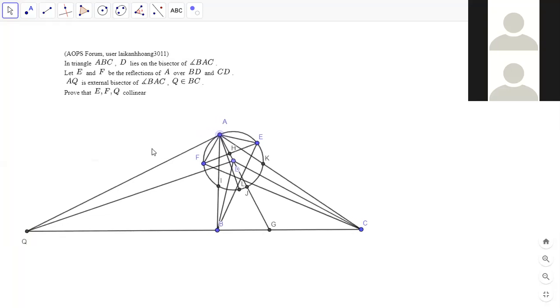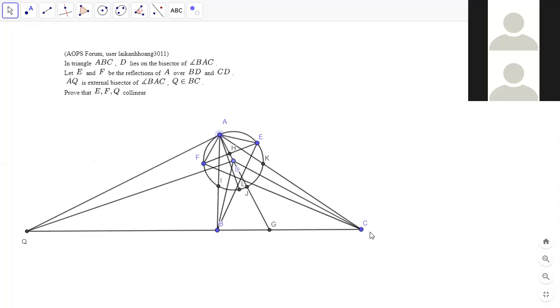So this is true because we have AL is perpendicular to DQ, AE is perpendicular to DB, AF is perpendicular to DC, and AQ is perpendicular to DG. And DQ, DG, DB, DC is a harmonic bundle. Wait, did you say DQ, DB, DG, DC is harmonic?